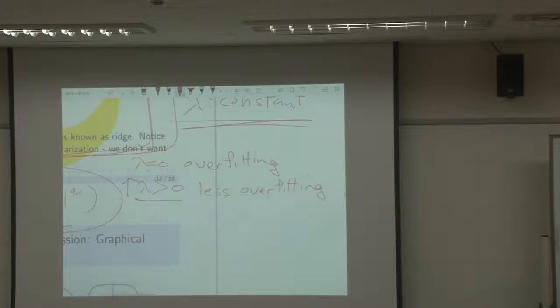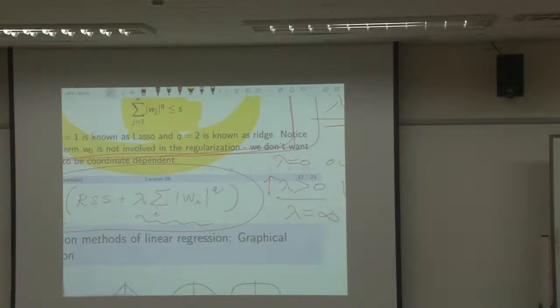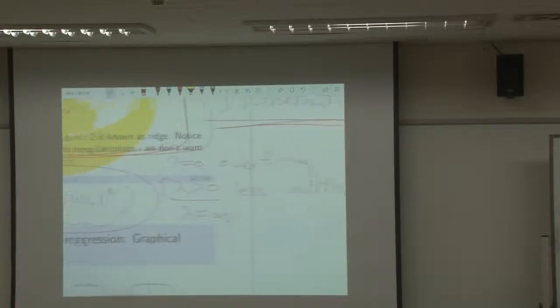When lambda is really infinite, what do you get? When lambda is really big, then we get sort of underfitting.